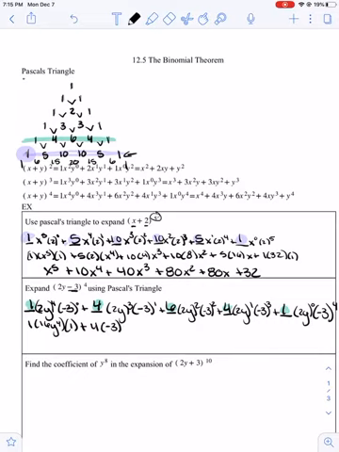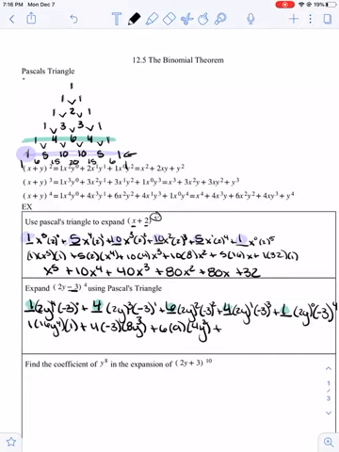And then 2y cubed is 8y. And then plus 6, negative 3 squared is 9. Plus 4y. Oh, I forgot the squared and the cubed here.